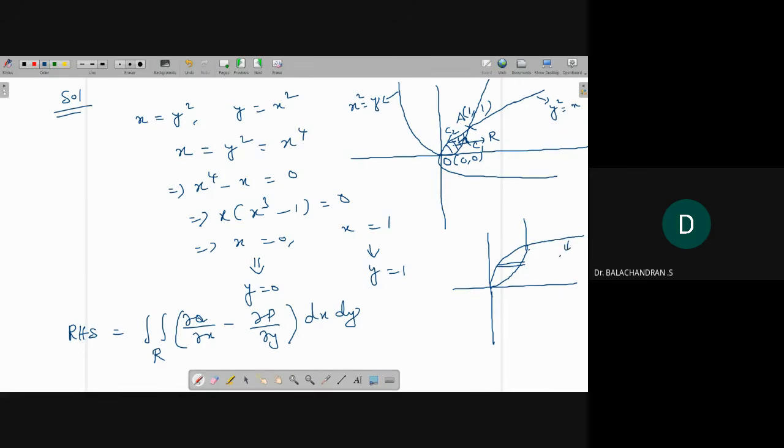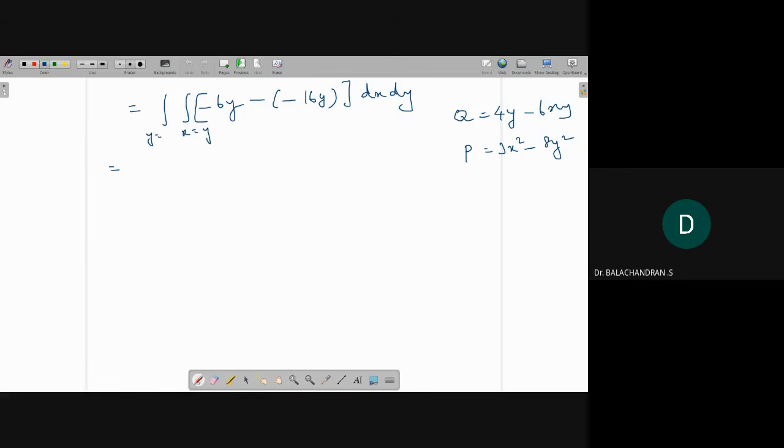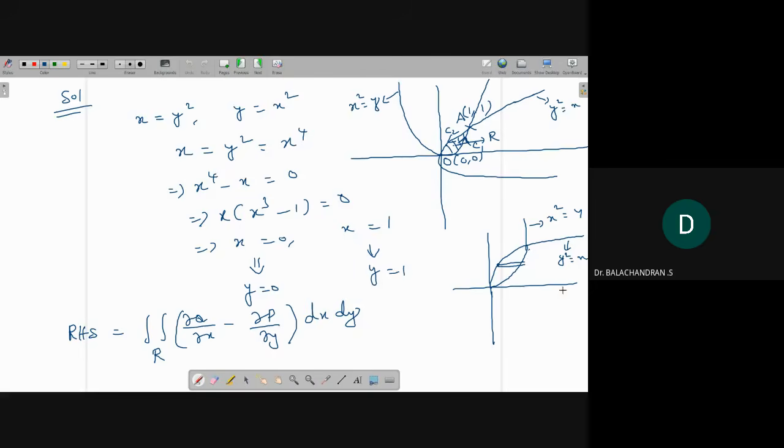This is x square equal to y. So here, what is x? What is x here? Y square. So y square to, I think somebody told that. Here what is x? Here x is root y.